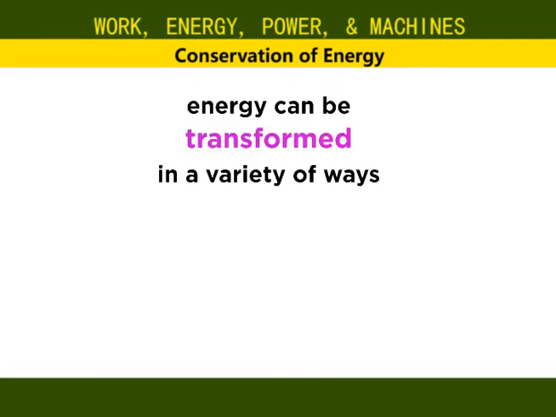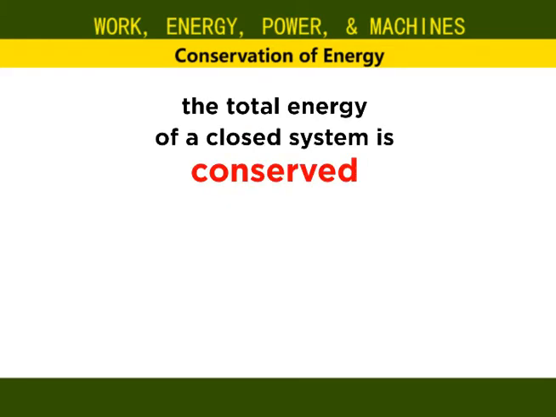But energy can be transferred in a variety of other ways as well. So we must learn about these kinds of energy and how they can be transformed from one to another. We also understand that while energy can be transformed, the total energy of a closed system will always be conserved.